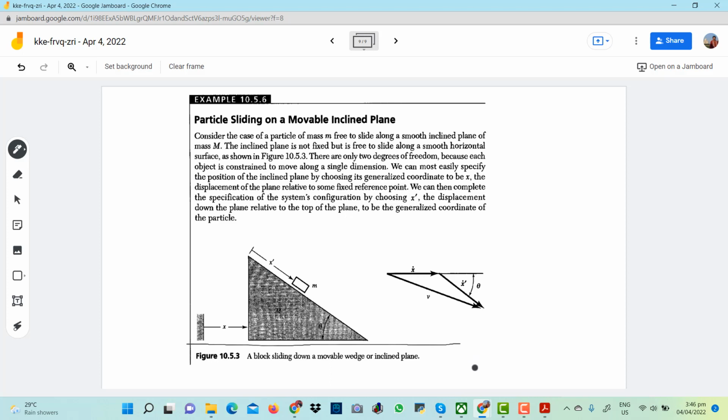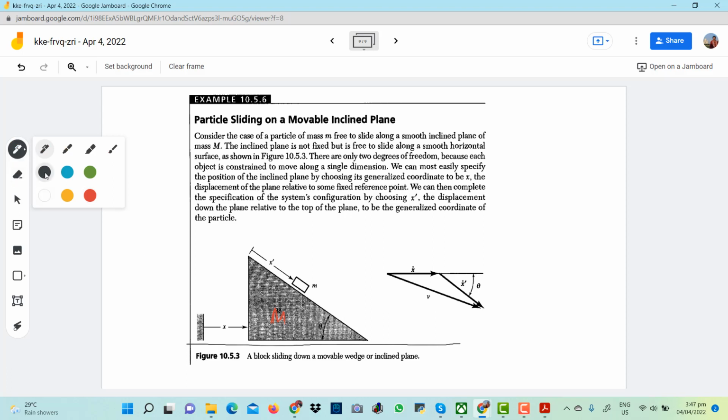The mass of the inclined plane is big M, while the particle has a mass of small m. In this case, there are only 2 degrees of freedom.